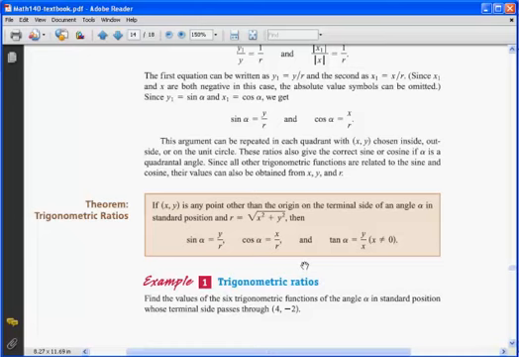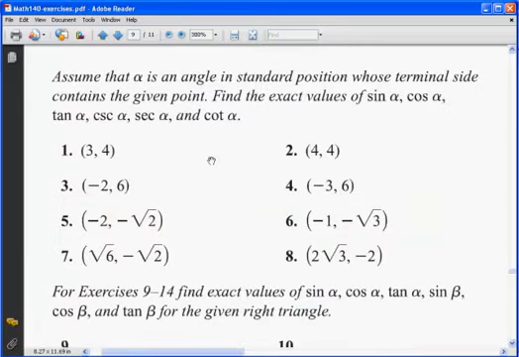Okay, let's look at one example on how to apply the theorem. Let's look at problem 6 on page 496. Assume that alpha is an angle in standard position whose terminal side contains the given point. Find the exact values of sine alpha, cosine alpha, tangent, cosecant, secant, and cotangent alpha.